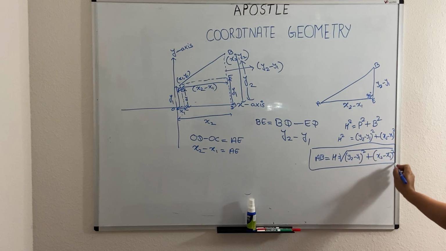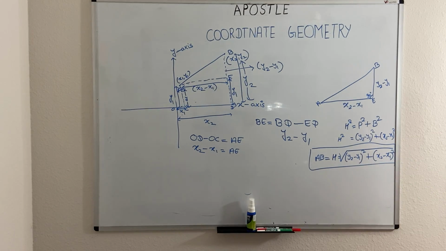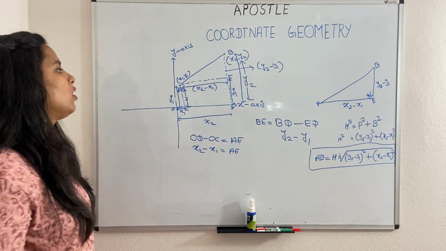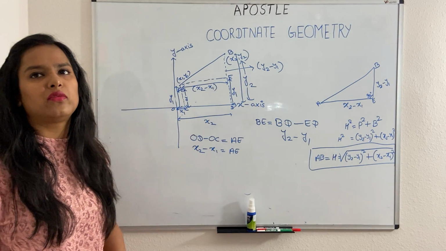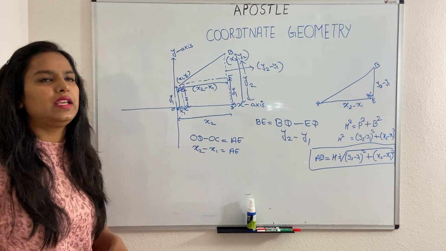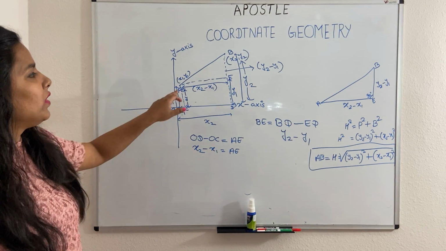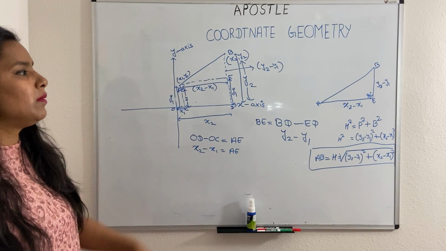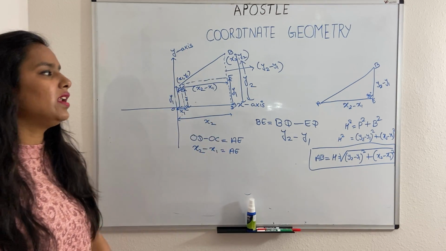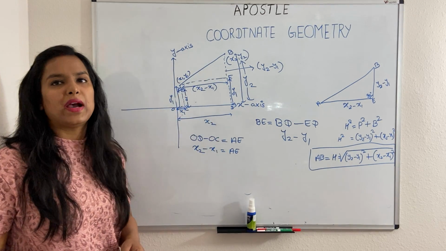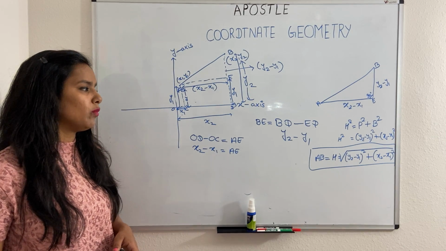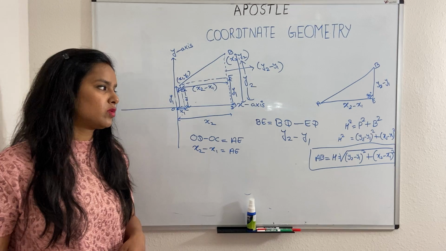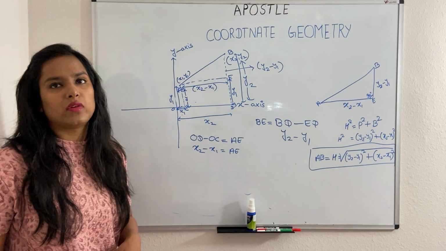We can do a variety of questions on this formula, and the derivation is also simple. First of all, we take the coordinates of A as x1, y1 and B as x2, y2, then calculate AE, that is x2 minus x1, and then BE, that is y2 minus y1, then we apply the Pythagoras theorem and we get the formula: square root of (y2 minus y1) square plus (x2 minus x1) whole square.